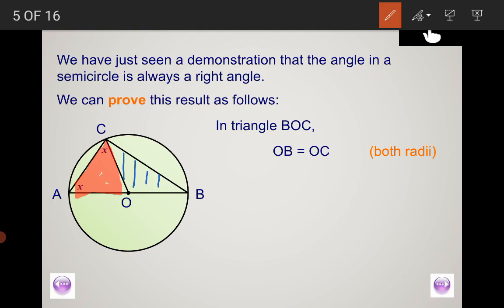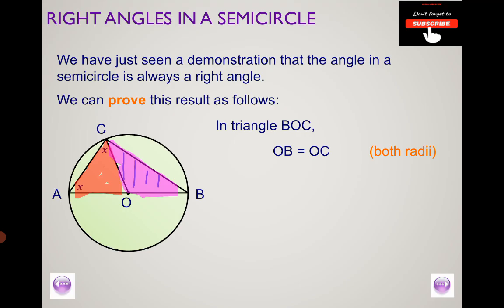Okay, now let's move on to the other triangle. In this case, this triangle here, which I'm shading in purple, you can see clearly that in this triangle BOC, side OB is equal to side OC. Okay, these two sides are the same. They are also radii. This is a radius drawn from the center to the circumference.